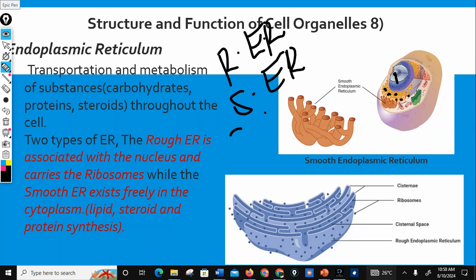So from here, this becomes the Golgi apparatus. That's just the way the theory explains it.